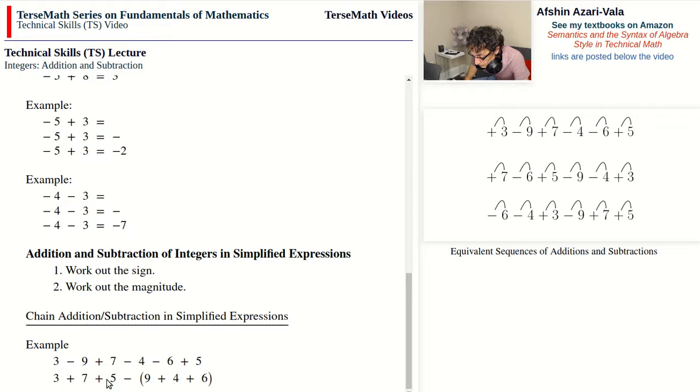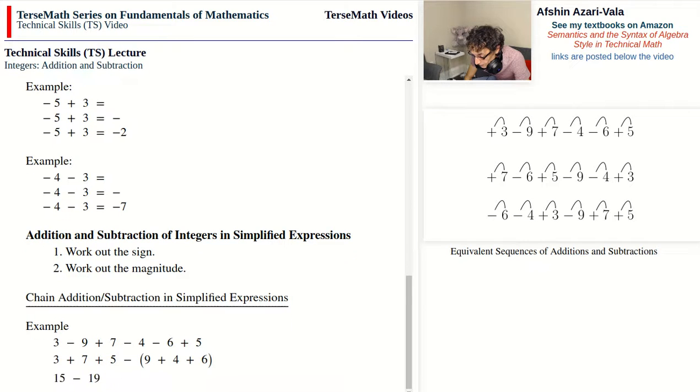I add up all of my gains, and then I add all of the losses. There is a loss of 9, a loss of 4, and a loss of 6. The reason I add them is because I want to find the total loss, and then we subtract the total loss, which is the expression inside brackets, from the total gain, which is what we have at the beginning of the expression.